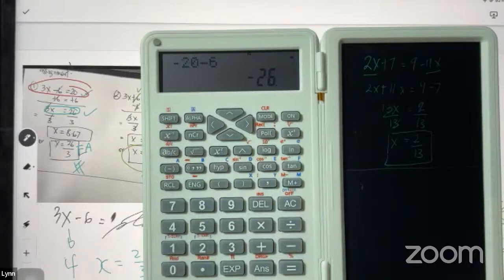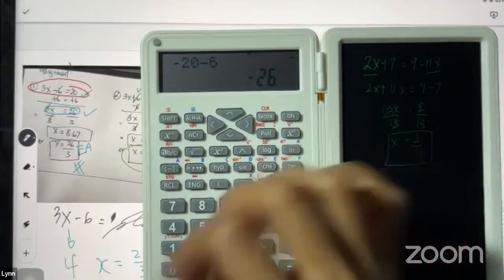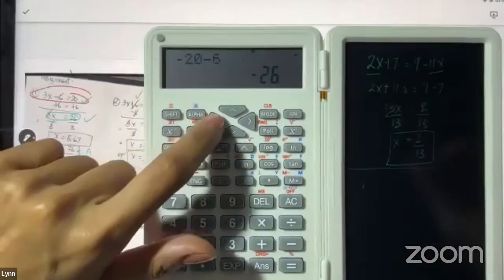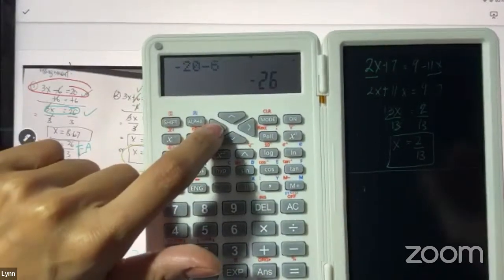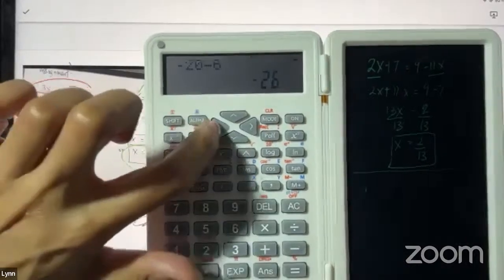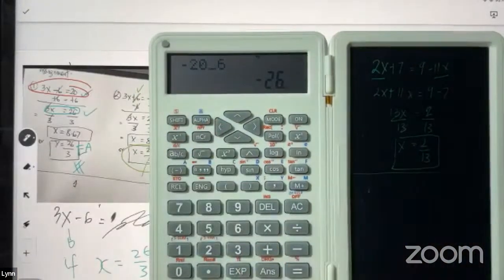Okay, I'm going to ask you to put a positive sign between 20 and minus. You can use the left arrow. Press one more time, and then this should work.